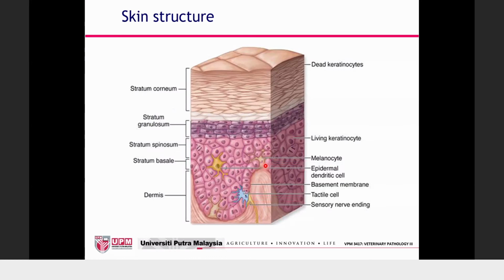Skin also has a lot of sensory nerve endings, usually located around the stratum basale, very near to the dermis, because of the function of the dermis to support and nourish the cells in the skin.